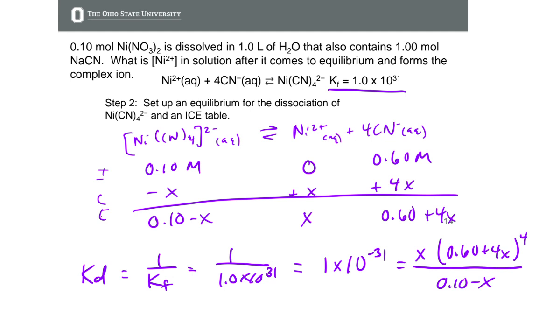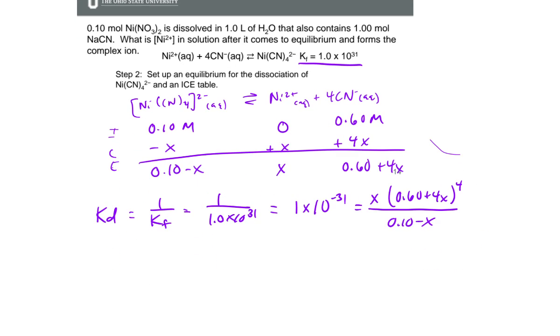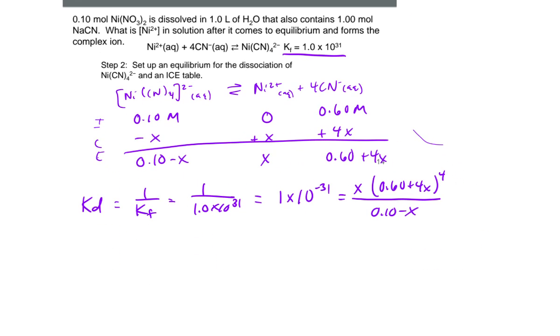Now, the good news is we're not going to need to solve something to the power of 4. Because our value for K sub D is very, very small, 10 to the minus 31, any amount of X is going to be really tiny, especially in comparison to these concentrations that we're adding or subtracting from.